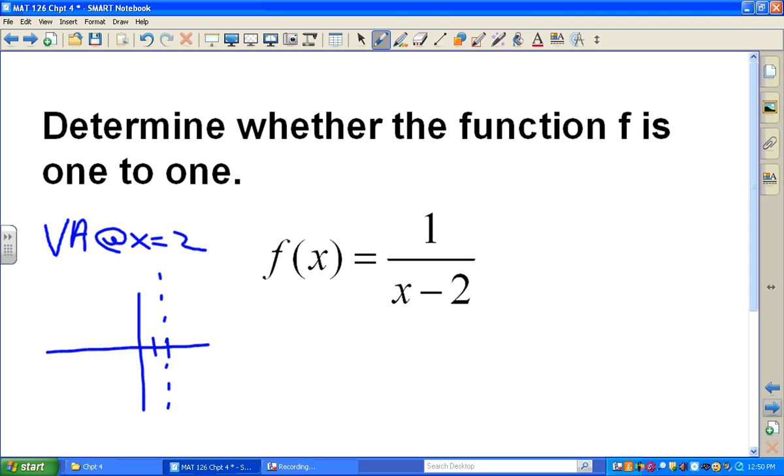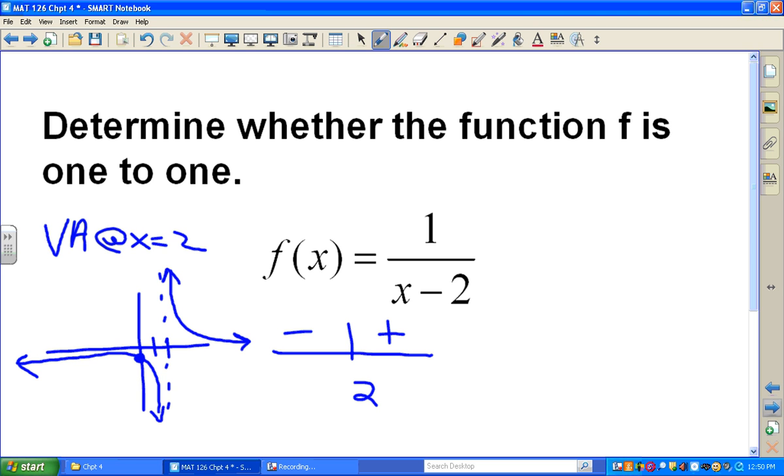I don't know. Is the function always increasing? How do you tell if it's always increasing or decreasing? If I put in a number like 10, it's going to be positive. If I put in a negative number, it's going to be negative. No, it doesn't cross. It has a y-intercept. So it goes like this. And then it goes like this.